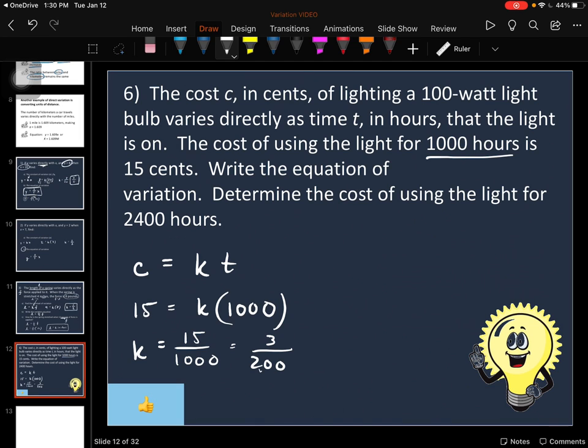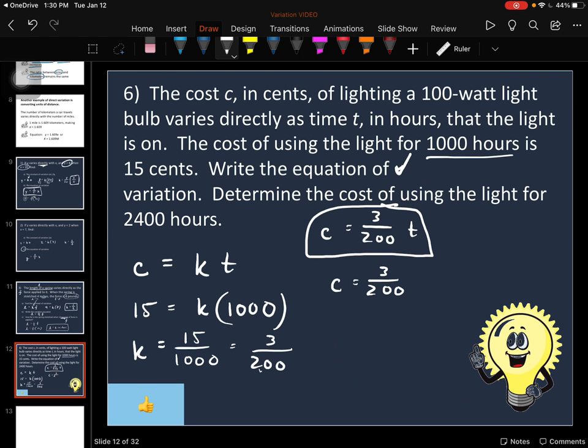If you get a decimal there, that's fine. Your equation here is 3 over 200 t. And now we have our equation, so that takes care of this part, write the equation. And it says determine the cost of using the light for 2,400 hours. So to figure out the cost, we're going to plug in 2,400 for t.